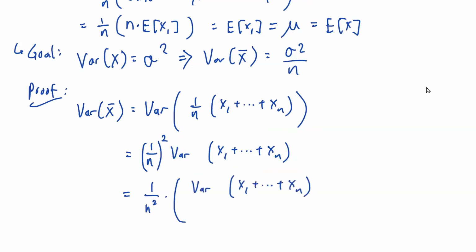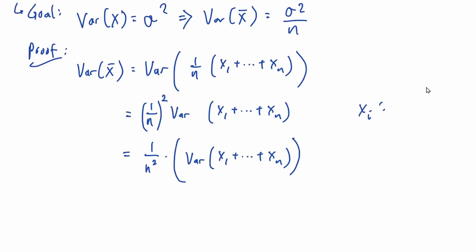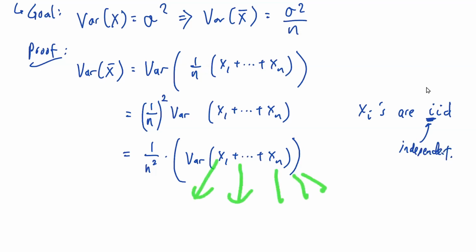But wait, what is the variance of a sum? Here we are assuming that x1, x2, x3, x4, all the way to xn are IID, in particular, independent and identically distributed. In particular, this part here, independent. When it's independent, our variance can be split up into a sum of each of those variances.